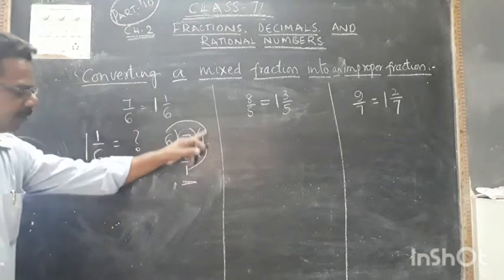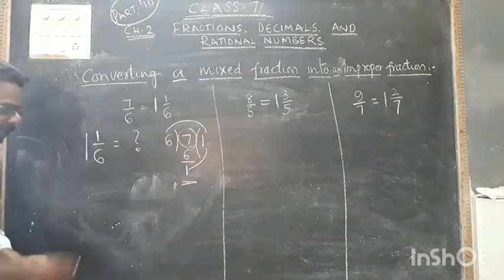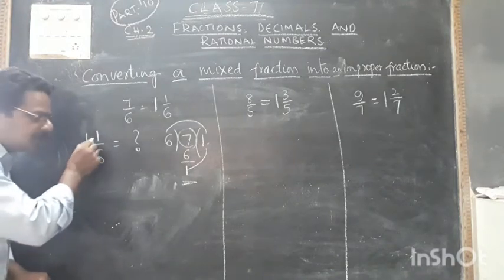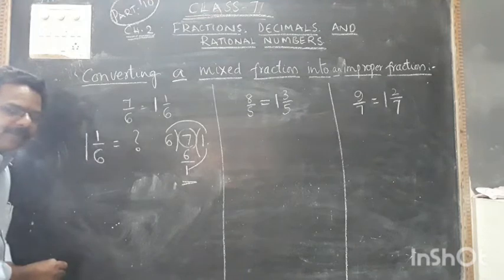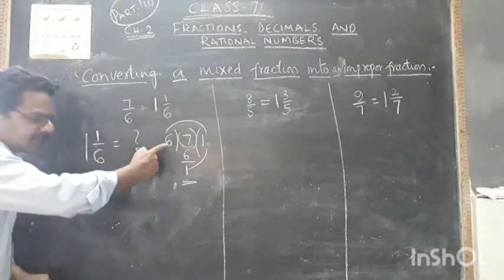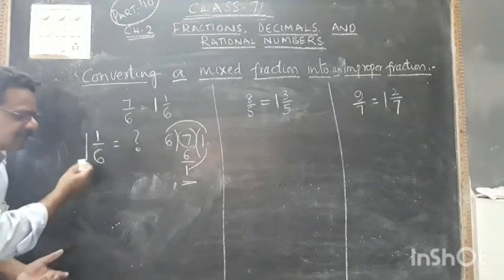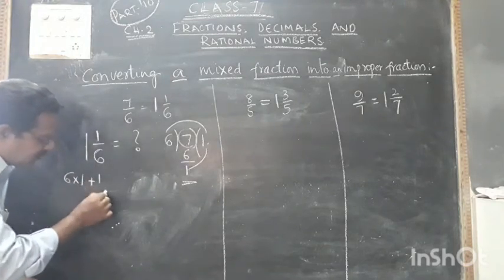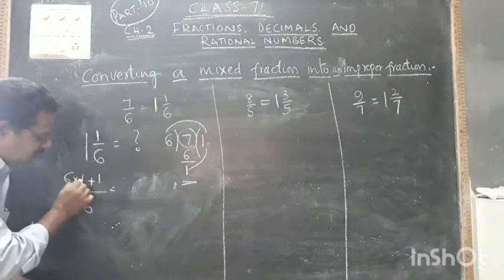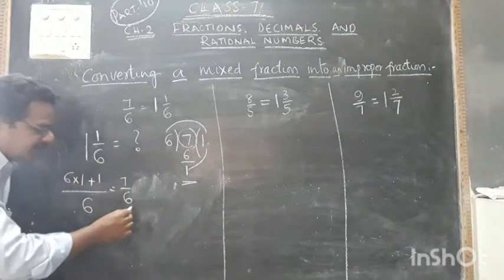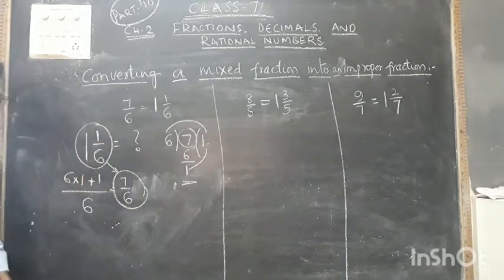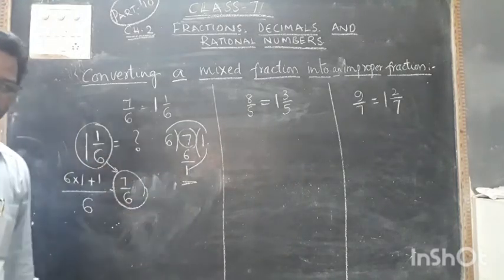If you come to this mixed fraction, it is denominator into whole number part plus numerator, divided by, with which number do we divide? 6. So 6 into 1 plus 1 by 6. 6 ones are 6, plus 1 is 7 by 6. So a mixed fraction can be converted into an improper fraction by using the division process.